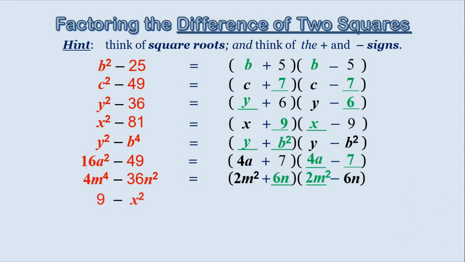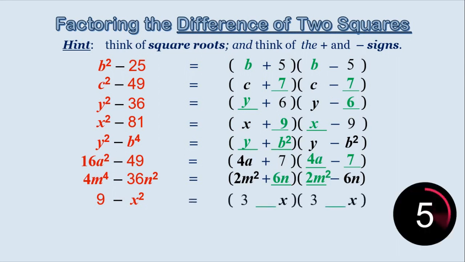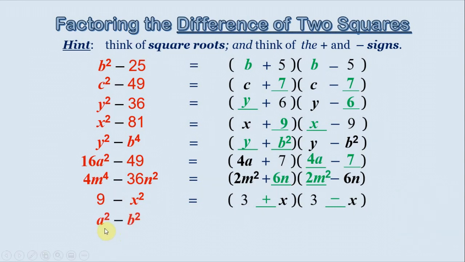Keep in mind the square root of 9 and the square root of x squared. The timer begins. Think of the square root of a squared and the square root of b squared.